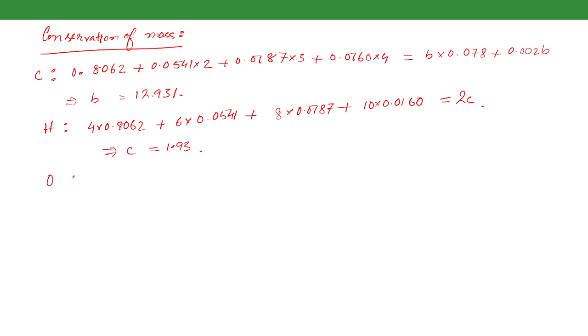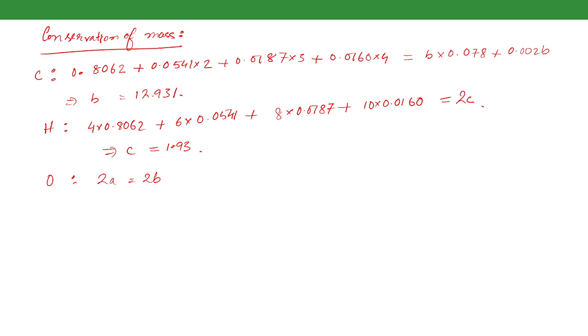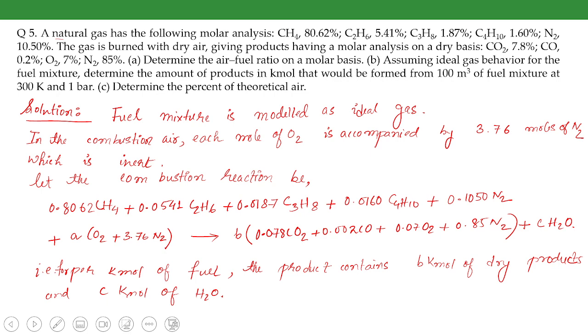And for oxygen, if we balance it, then twice A is equal to 2B plus 0.002B plus 2 into 0.07B plus C. Plus 2 into B into 0.07.